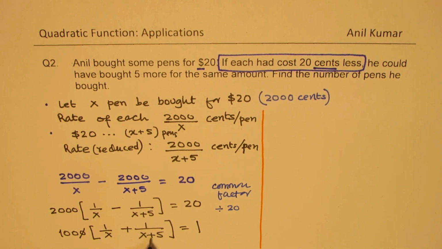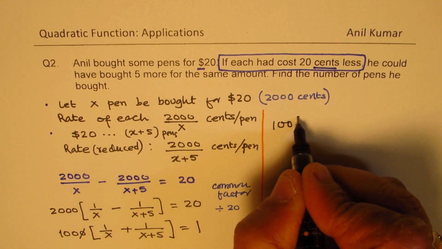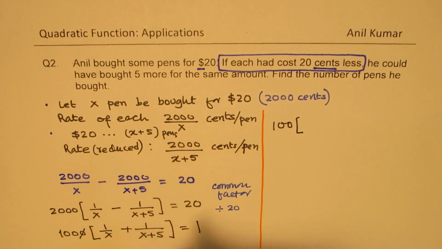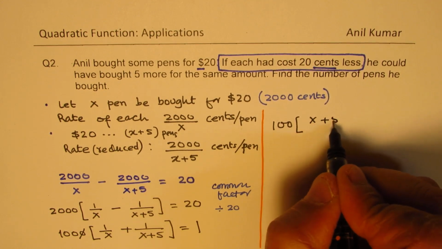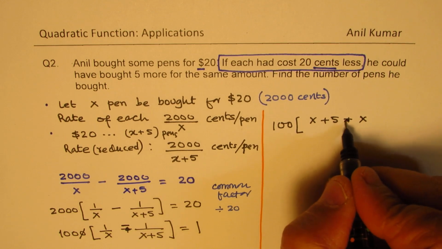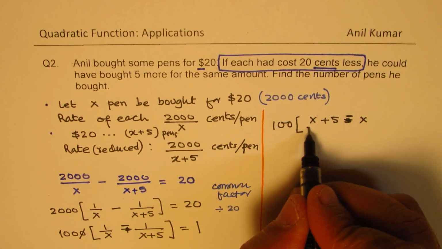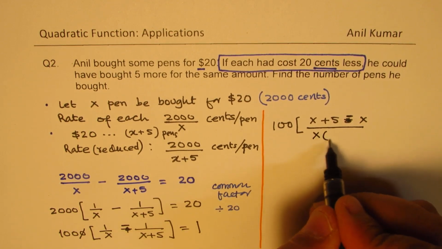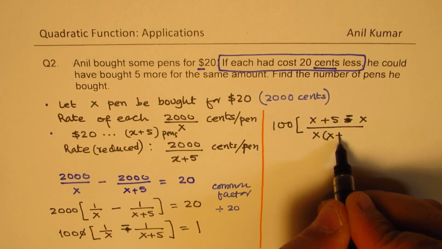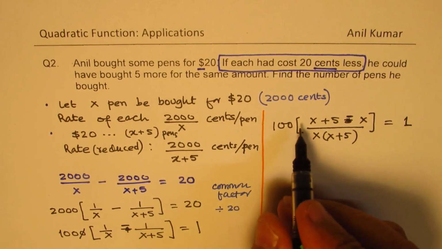And now we'll just cross multiply. So this time we have 100 within brackets. We'll just cross multiply. So we have x plus 5 plus x. Sorry, it was minus. Very sorry. This is minus, right? So minus x over x times x plus 5 is equal to 1. Now we'll cross multiply.